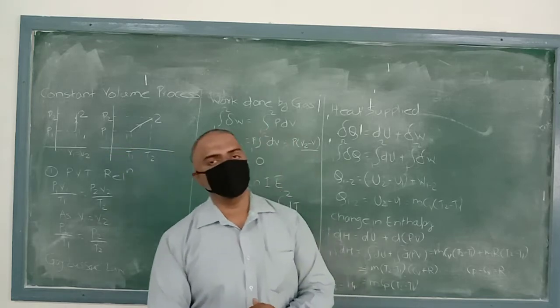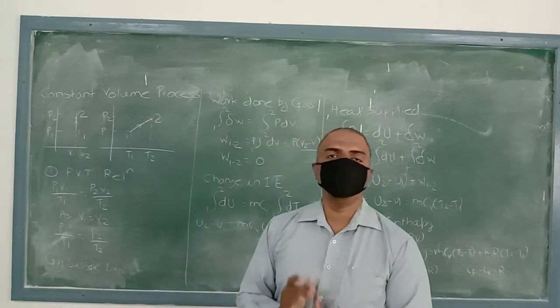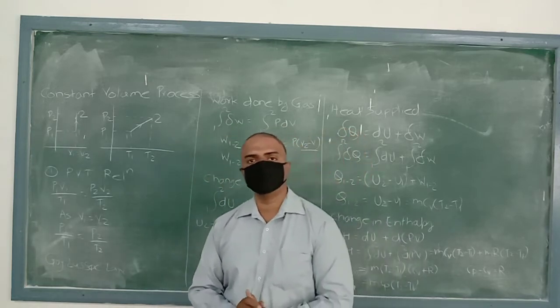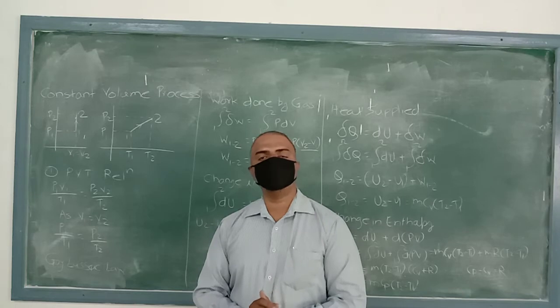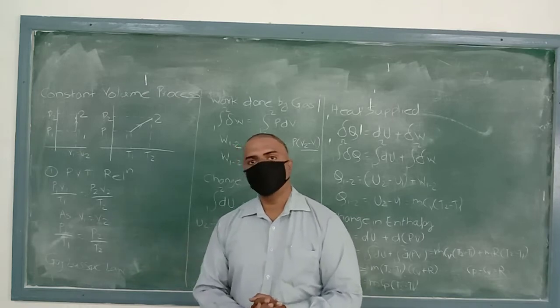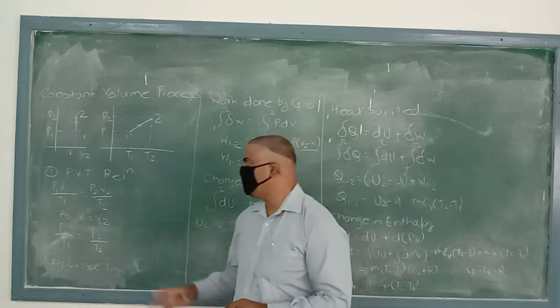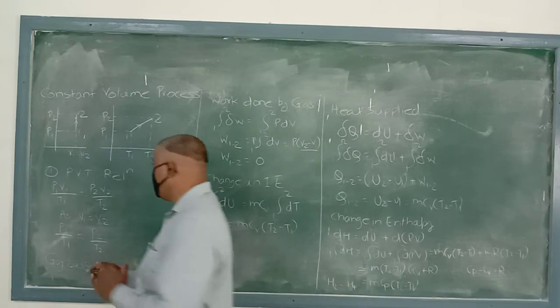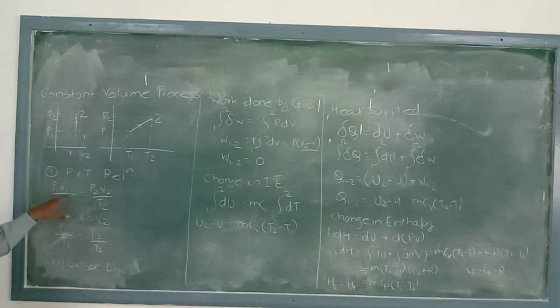Now first of all we are going to derive the PVT relation. PVT relation means the relation between the pressure, volume and the temperature. So in this relation we find P1V1 upon T1 is equal to P2V2 upon T2. So this is the general equation.